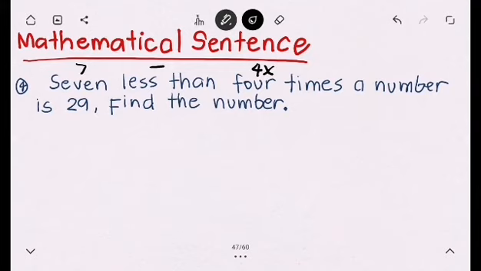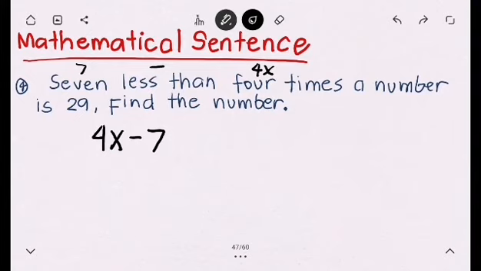Pero if we're going to write this into mathematical sentence, this should be written as 4x minus 7. Ito yung maraming nagkakamali. Hindi ibig sabihin 7 less than 4 times a number is 7 minus 4x.